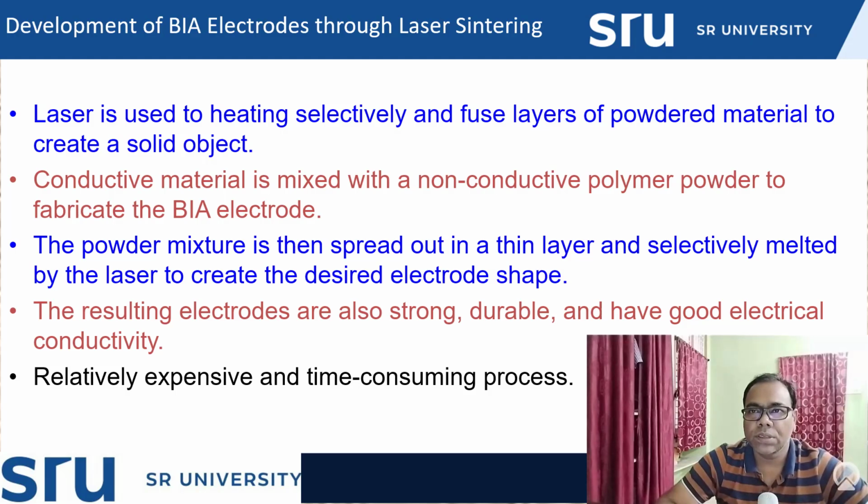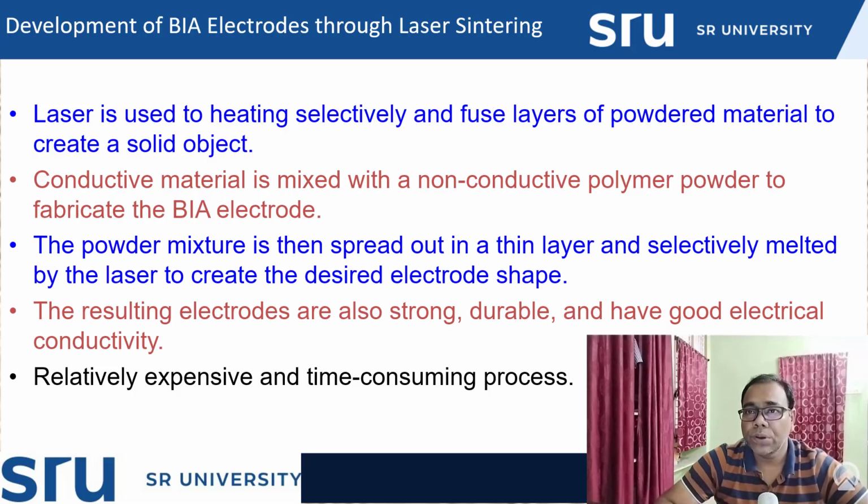Suppose you are using the SLM process; there also, once the powder is spread, the areas where scanning is required are scanned. The resulting electrodes are strong, durable, and have good electrical conductivity. Electrodes made by this process have good electrical properties, good mechanical properties, and are strong. However, this kind of electrode is relatively expensive and a time-consuming process.